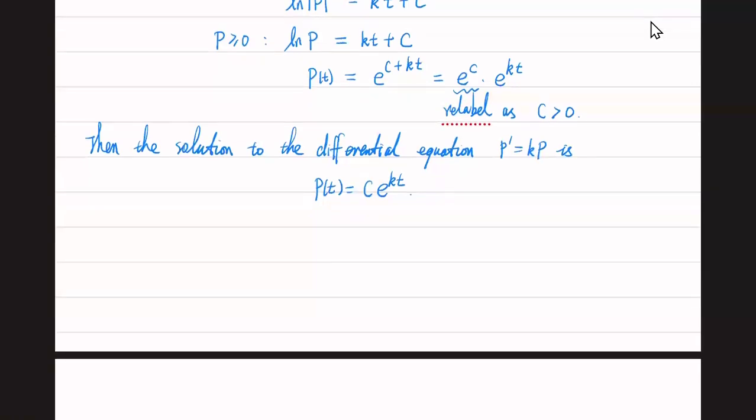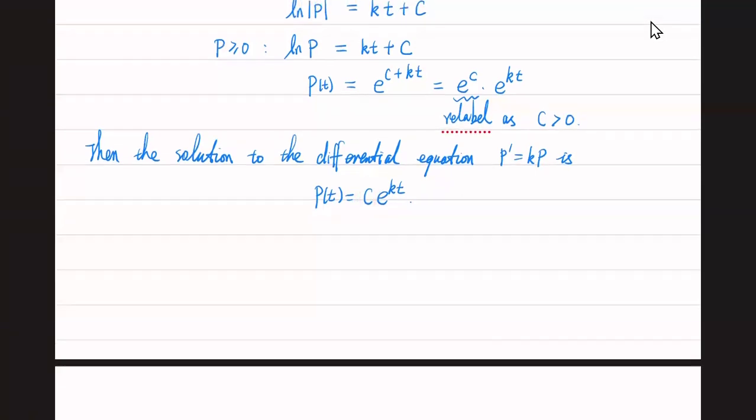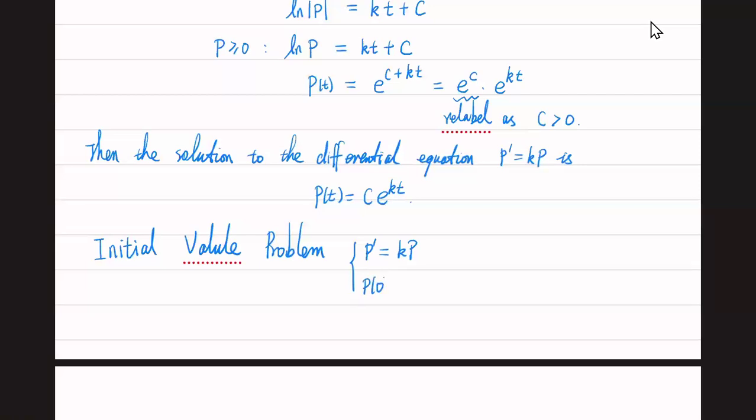So how to figure out this C? We use the initial condition, the initial value problem. The first one we know is the differential equation.